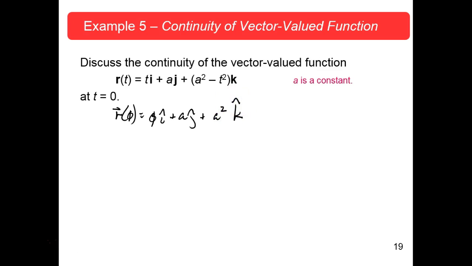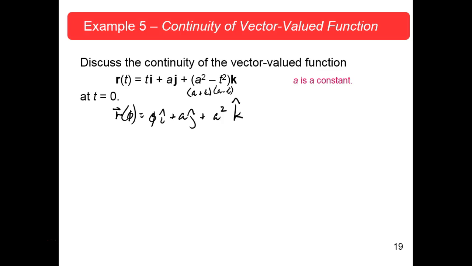Discuss the continuity of the vector value function there at t equals 0. The only thing that might give us a little issue, let's just make sure, if we were to factor this to be a plus t times a minus t, as t approaches 0, that's still a squared. So there are no issues going to come up there either.